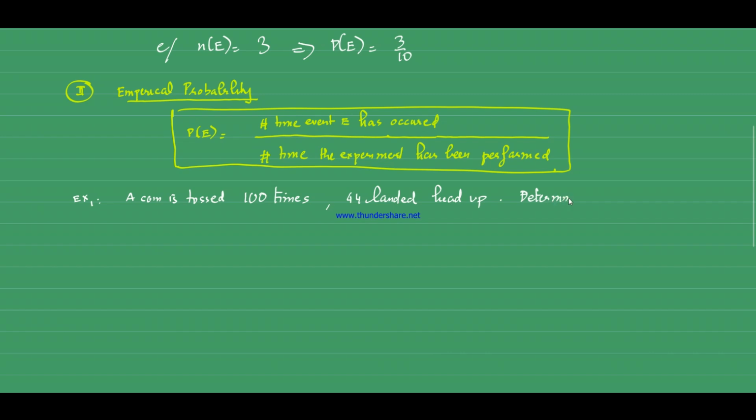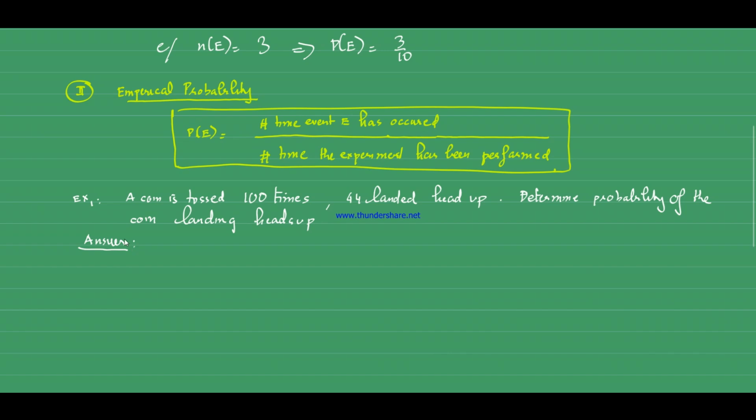If you read the question, you will see that they didn't say determine the empirical probability, but it's your job to figure out what kind of probability we are doing here, theoretical or empirical.